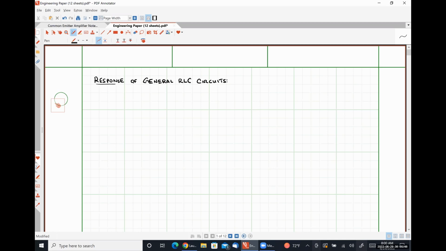So our goal today is to analyze the following circuit, where we are going to have an 8 ohm resistor here, 10 ohm resistor here, let's make this a 12-volt source.